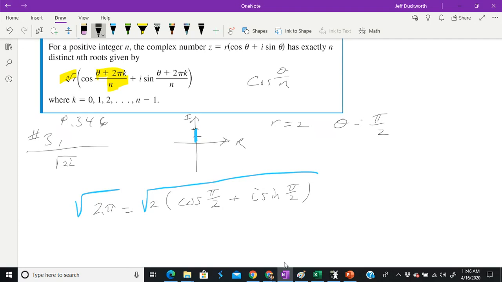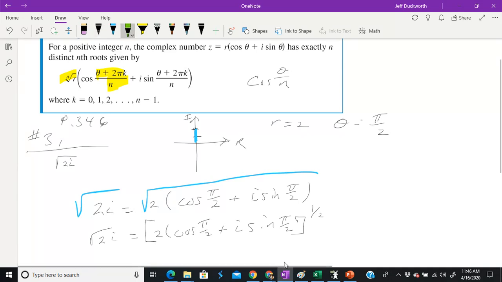Let me rewrite that. This should be 2i, not 2 pi, I'm sorry. So we're simply going to bring the 1/2 down, multiply it by the angle, and raise the 2 to that power.